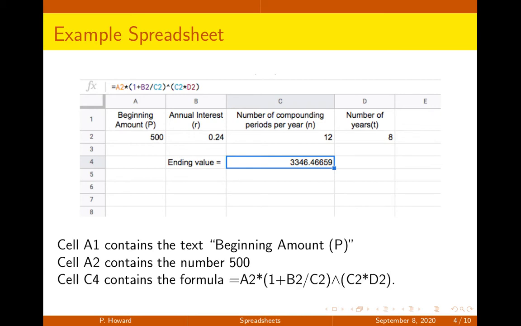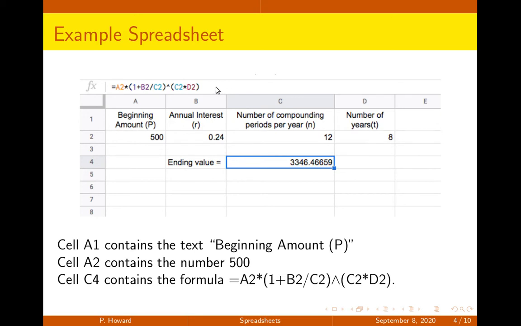And finally, the cell C4 really contains a formula. So when you click on a cell, and I had clicked on cell C4 when this screenshot was taken, you can see in this row up here above the column headings what is actually in the cell.